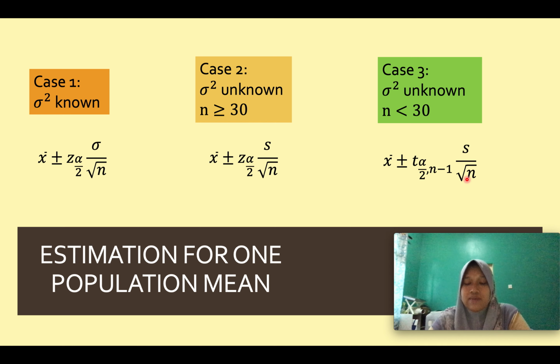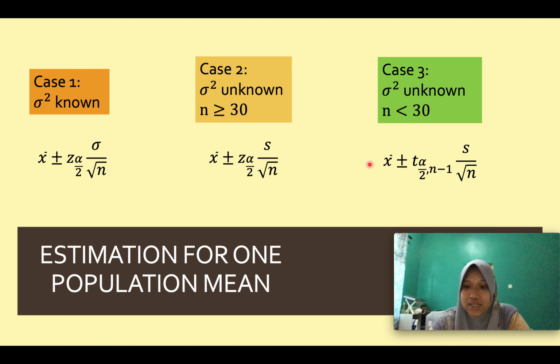Here we do not know the population variance or population standard deviation. We just have the information on the sample, and the sample size is small, which is less than 30. So you should use this formula.